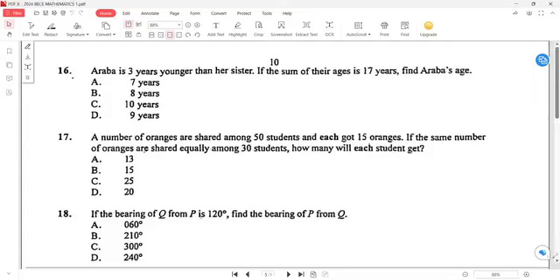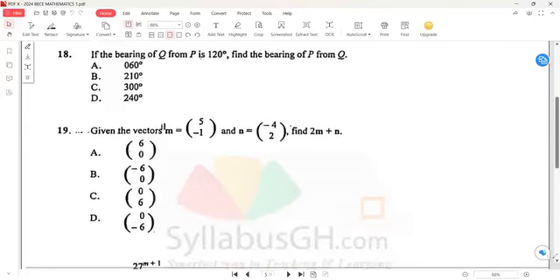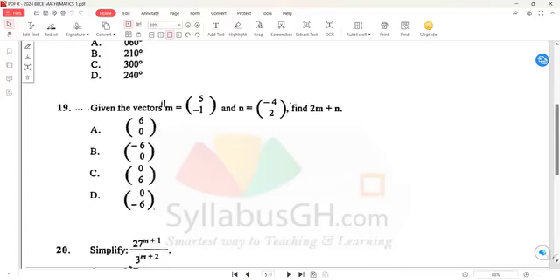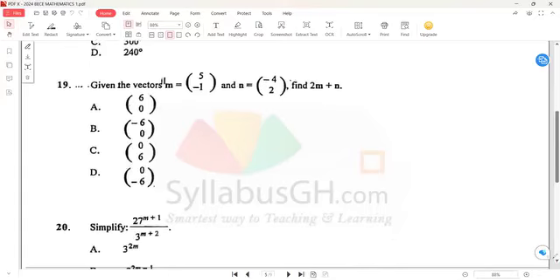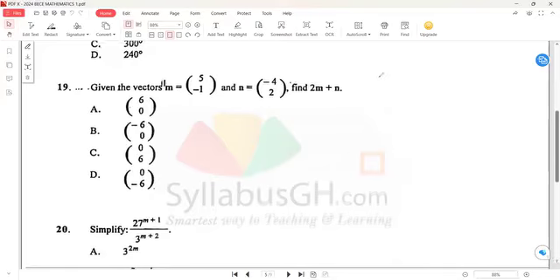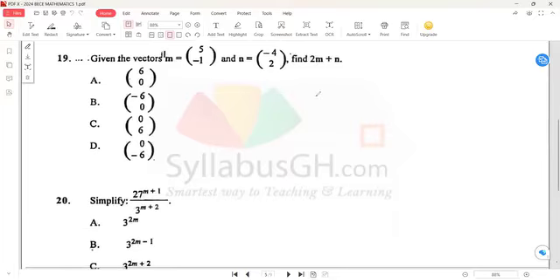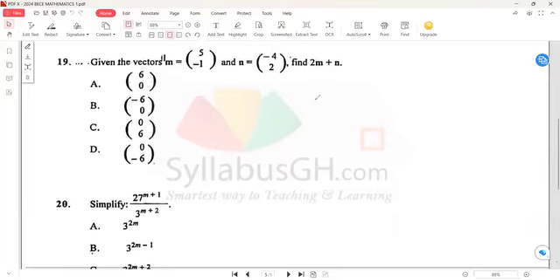Question number 19. You are supposed to find 2m plus n. This is the position vector. Vector m is (5, -1), vector n is (-4, 2). To find 2m plus n, 2 times the vector m, which is (5, -1), plus the vector n, which is (-4, 2).